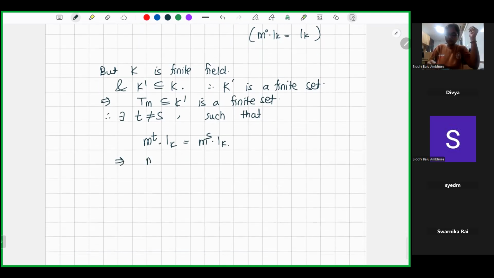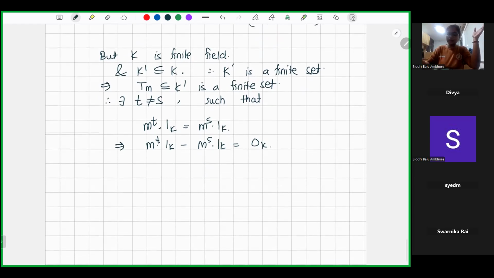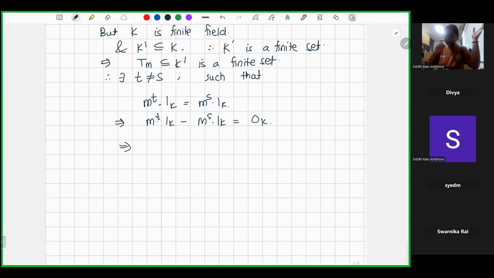So this will imply that m power t into 1k minus m power s into 1k will be 0k, right? We are subtracting the same thing. Without loss of generality, we can assume t is greater than s. So this will be m power s into m power t minus s into 1k minus 1k, and this will be 0k.